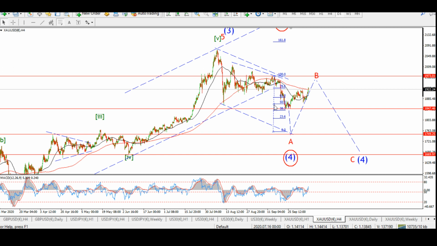And if this three-wave move is in fact the larger degree fourth wave in blue here, well then you would expect wave C to push down towards the low 1600s, 1620 or something, where wave C would extend to 162% of wave A. We didn't get anywhere near that, so in that case we're $200 off rather than $90 off.